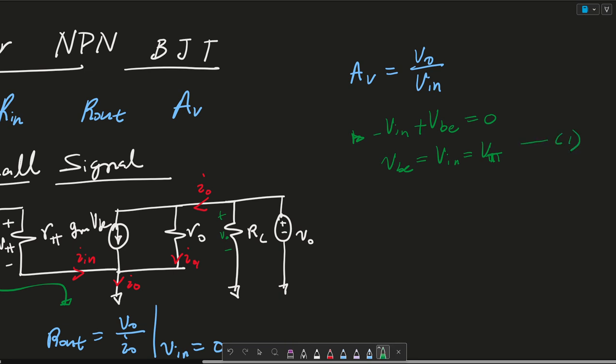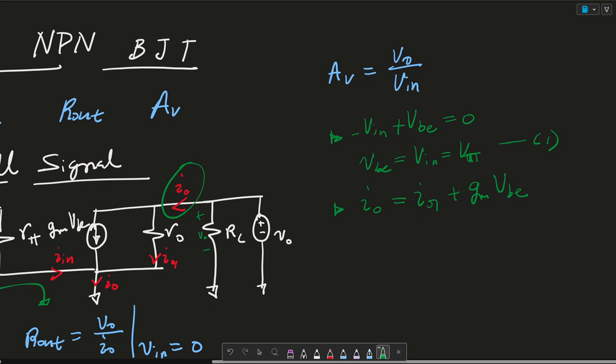Equation 1. We can also write a KCL with respect to this IO, and we could say IO is equal to IO1 plus GM VBE.